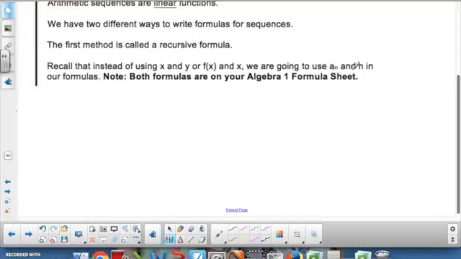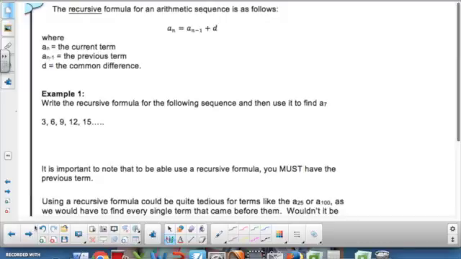It's not a direct correlation, but that n replaces x, and that a sub n kind of replaces y, or f of x. Now, the formulas we're going to be using for this are on your formula sheet, and it's really important that you look at that and figure out what it looks like because they're kind of weird looking and hard to memorize.